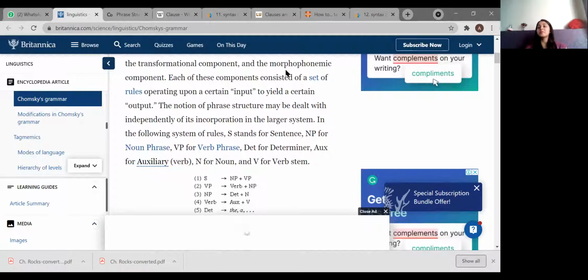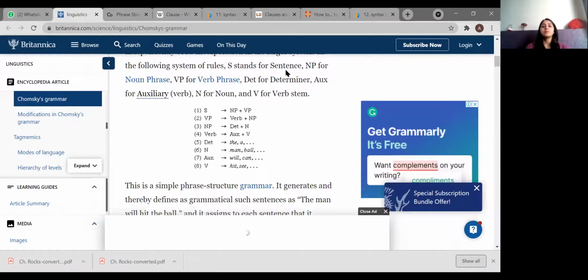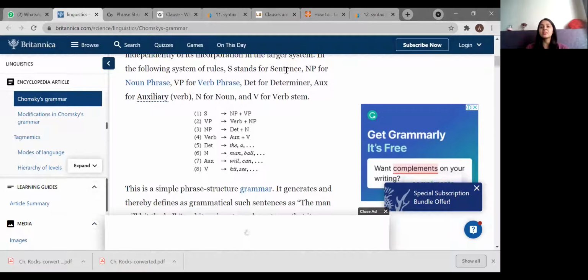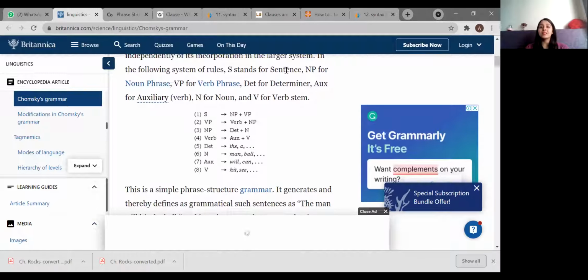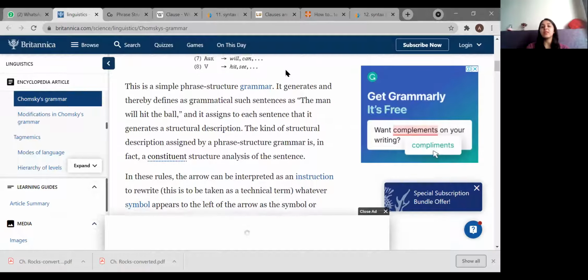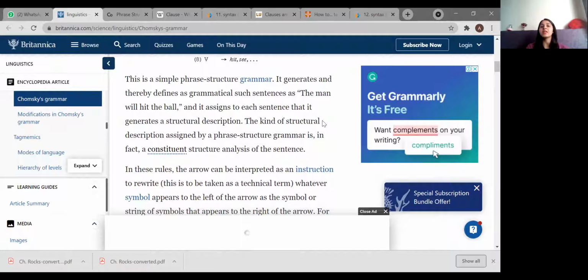So as I said, we're doing phrase rules, right? So we will be going into detail where S stands for sentence again, noun phrase, verb phrase, determiners, then auxiliary verb as well, N for noun, V for verbs. All right. This is a simple phrase structure grammar. It generates and defines grammatical sentences.